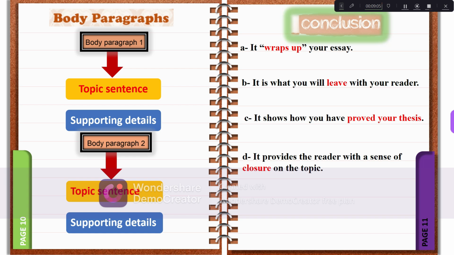It shows also how you have proved your thesis. And last, it provides the reader with a sense of closure on the topic. It demonstrates to the reader that you accomplished what you set out to do.